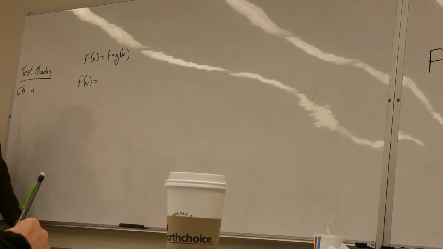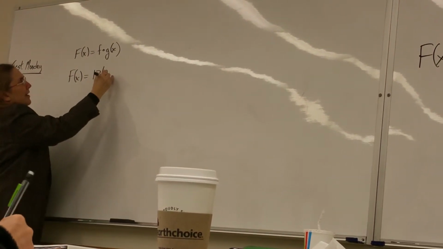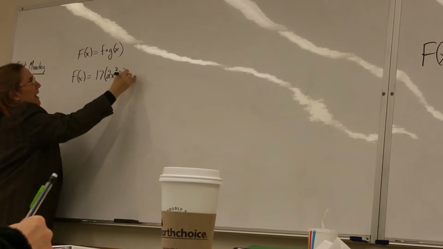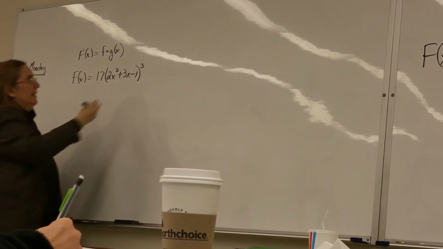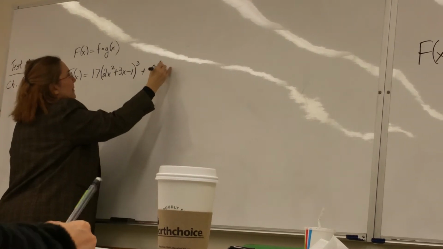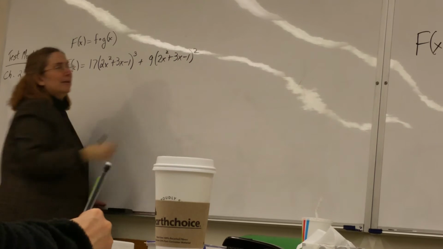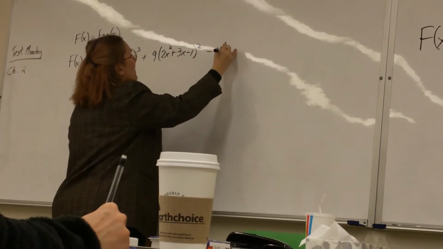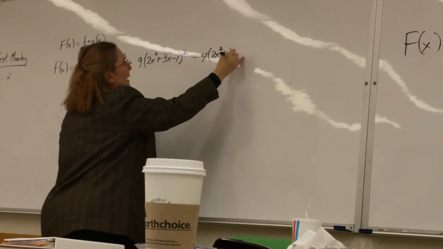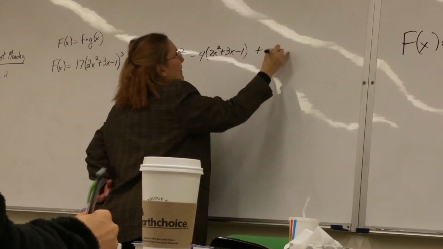Capital F of x looks like this. 17 times the quantity 2x squared plus 3x minus 1 cubed, plus 9 times the quantity 2x squared plus 3x minus 1 squared, minus 4 times the quantity 2x squared plus 3x minus 1, plus 5.